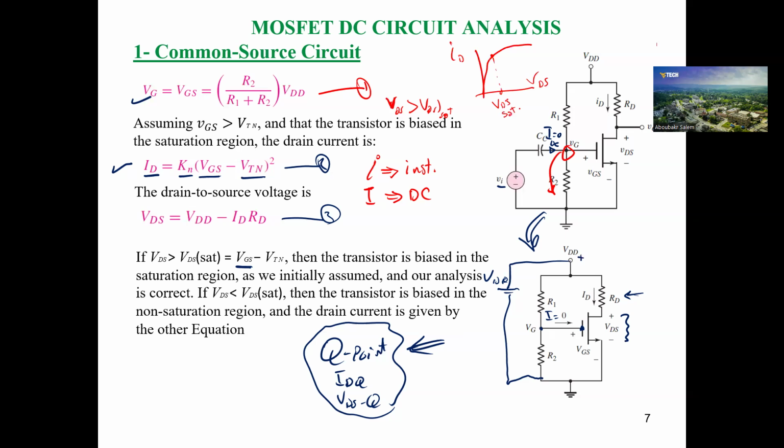If the value of VDS is greater than VDS saturation, you are working in the saturation region, and in this case, your assumption is correct. If not, if the value of V drain to source is less than VDS saturation, you have to repeat from step number 2 again, use the linear relation to get the value of ID, and then calculate VDS from the circuit by the same equation number 3.